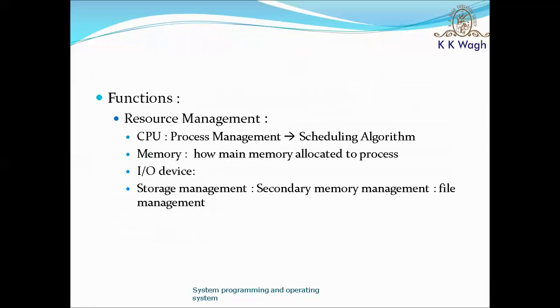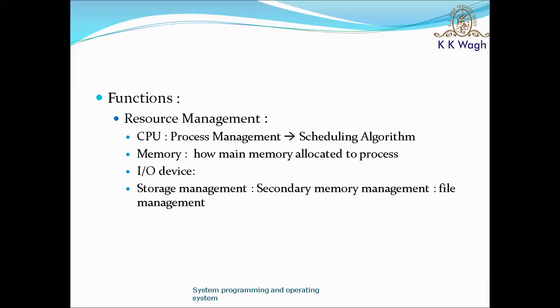Here are some functions. Resource management is the main important function provided by the operating system. In that, it performs some common tasks. The CPU performs process management, which contains the scheduling algorithms. We will see in the further slides what scheduling algorithms are. Then there is memory, how much memory is allocated to process a particular task.